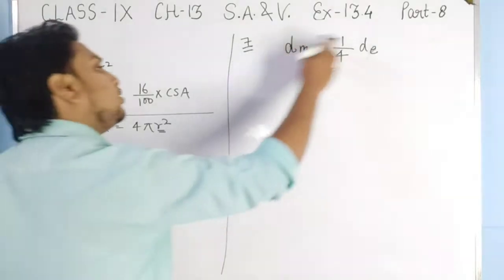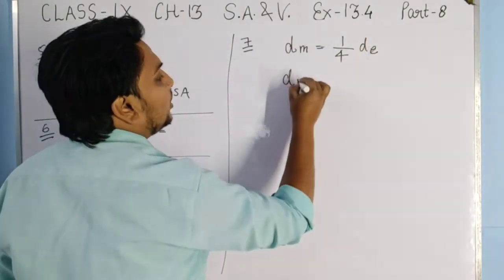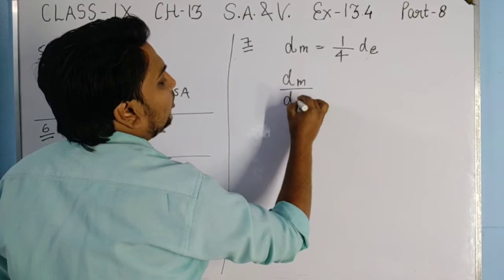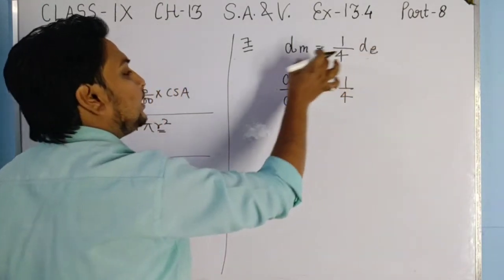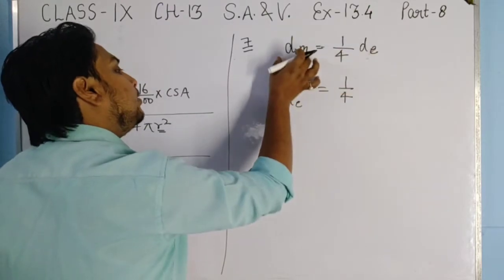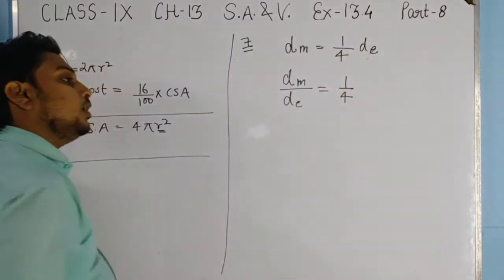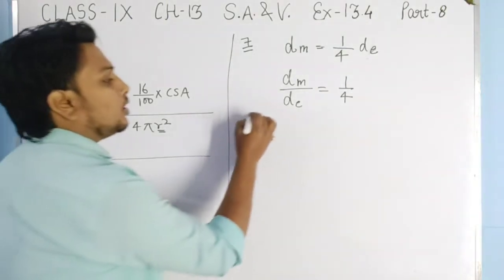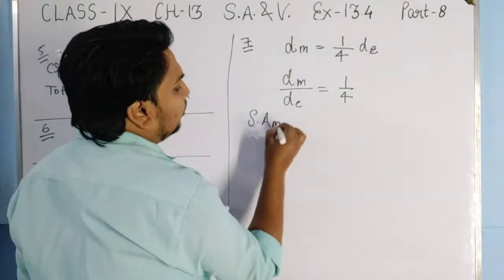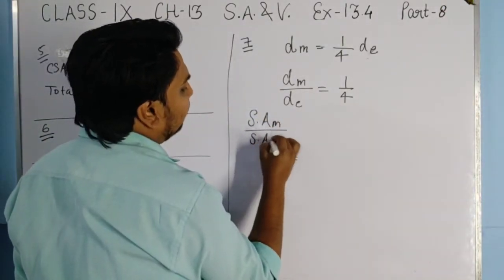So the ratio of diameter of moon upon diameter of earth will be 1/4. When you shift the diameter of earth to the left hand side, it goes in the denominator of the diameter of the moon. We have to tell the ratio of their surface areas, so surface area of moon upon surface area of earth.